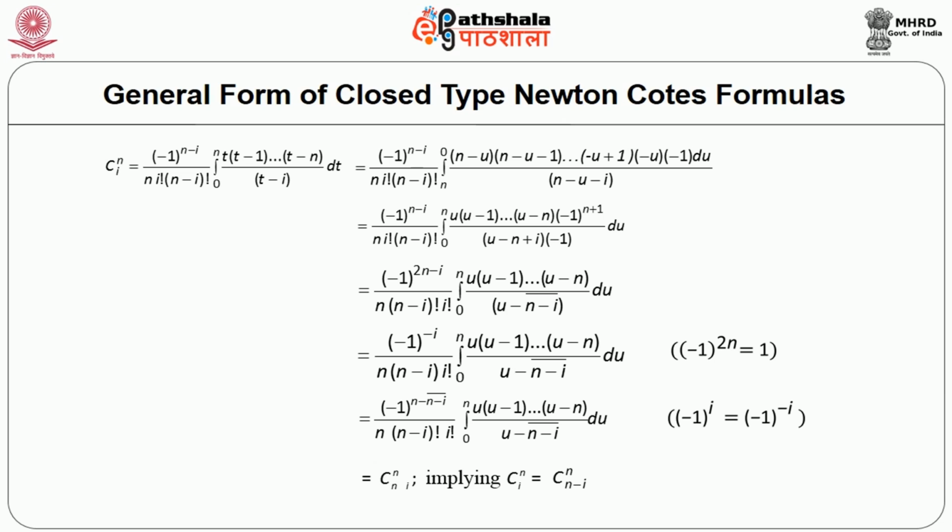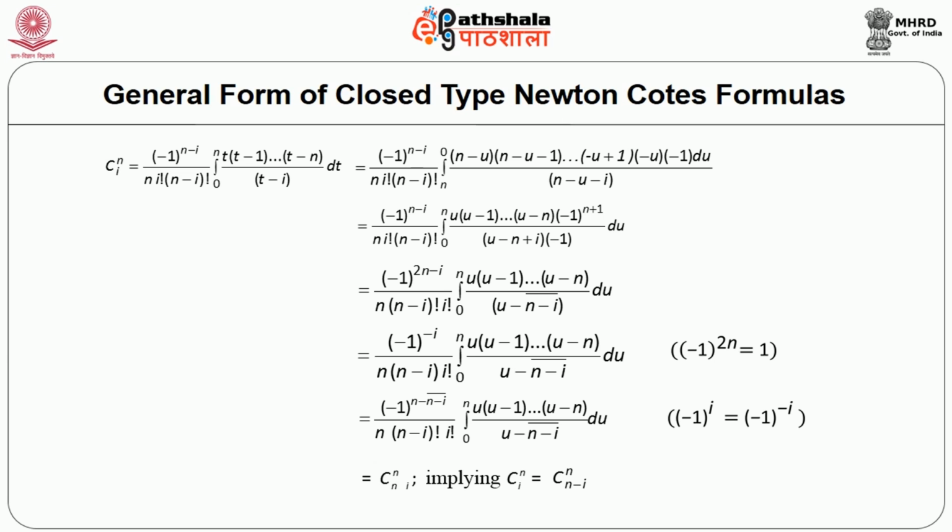Taking minus 1 common from each of these terms in the numerator and also minus 1 common from the denominator, we get (-1)^n outside, and inside the integral sign we get u(u-1)...(u-n) upon (u-(n-i)) du.